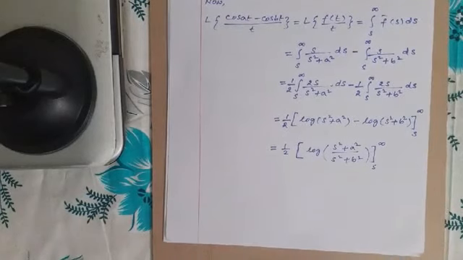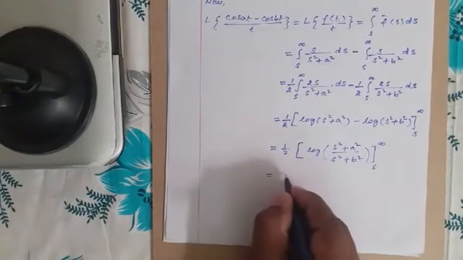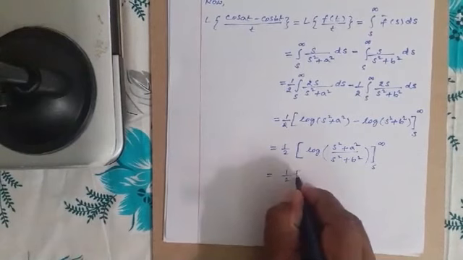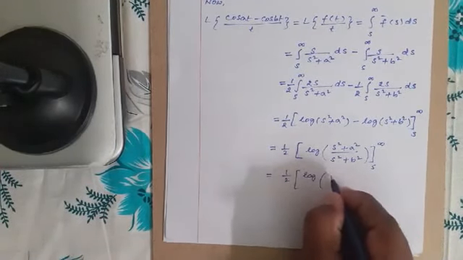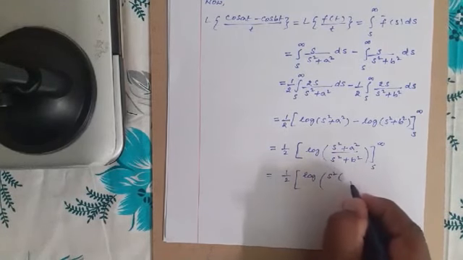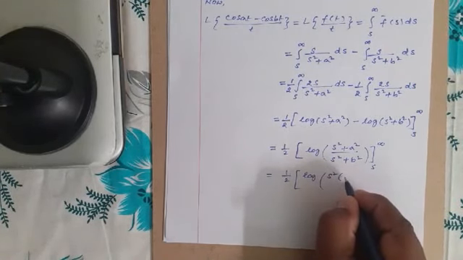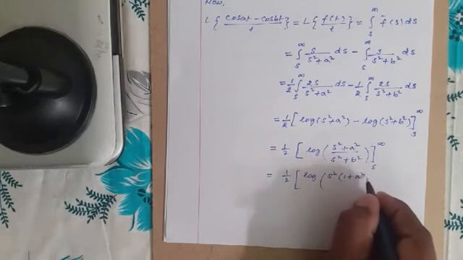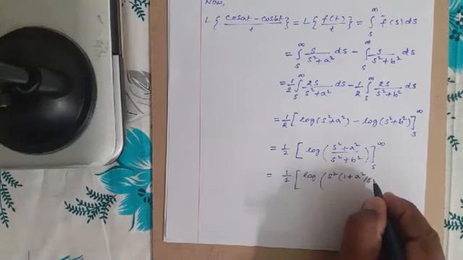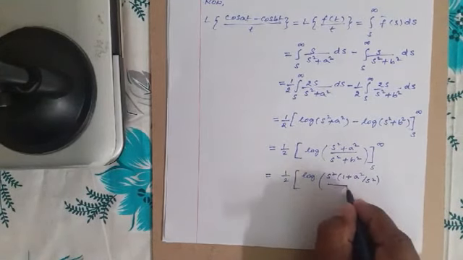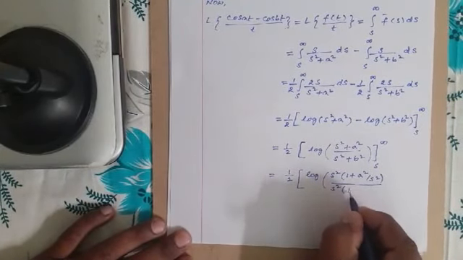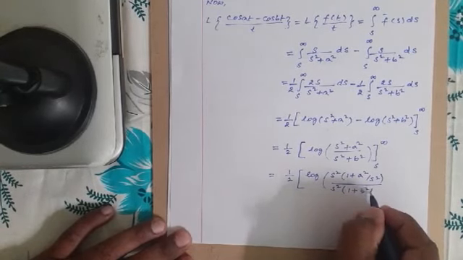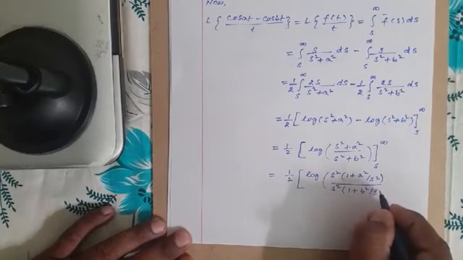Then this can be written as 1 upon 2, and inside I take s square common. If I take s square common, then this becomes 1 plus a square upon s square, and in the denominator also I take s square common, then this becomes 1 plus b square upon s square.